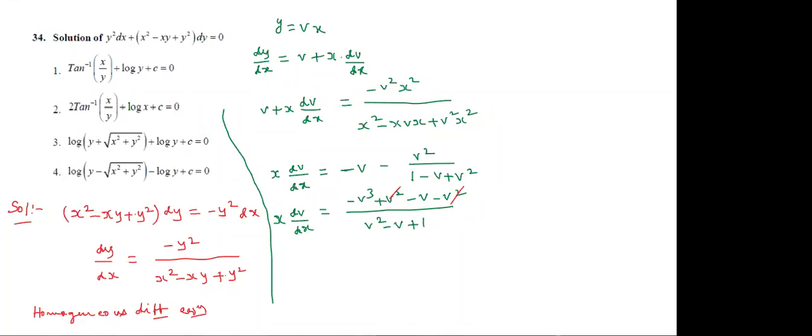Now, in left hand side we get v square minus v plus 1 divided by, here numerator take minus common, we get minus v cube plus v into dv, that is equal to dx by x. So after separating the variables, we got like this. Next, how to do that? Left hand side minus, send to right hand side. So we get minus 1 by x dx.